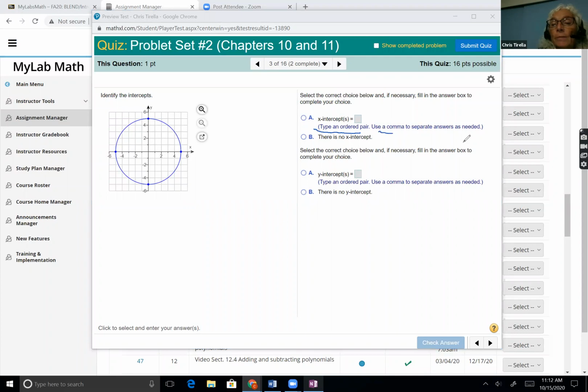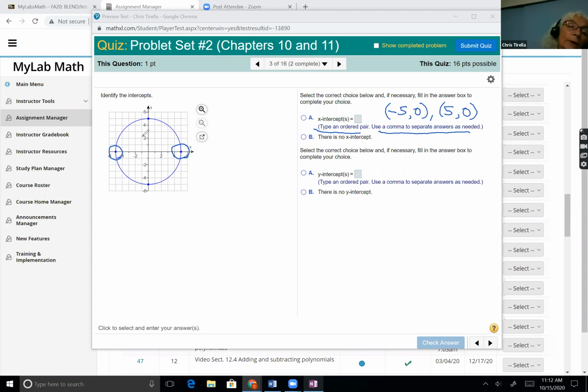separate. So for the x-intercepts, the x-intercepts are the points where I cross the x-axis. And so my first x-intercept would be the point -5, 0. And then my other x-intercept would be the point 5, 0. And remember, if I'm on the x-axis, the y value is 0.